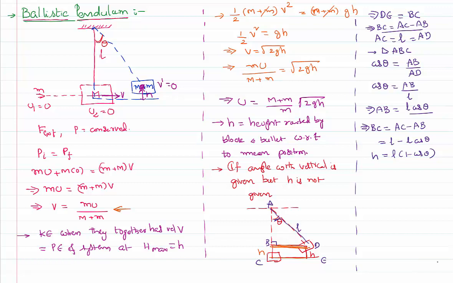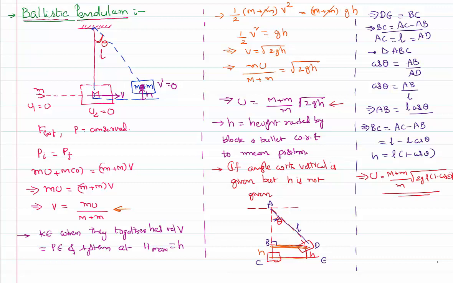So if theta and L are given for you and h is not given, in that case I can write u using this equation now: (M plus m) by m into root 2g, and instead of h, I can write L of 1 minus cos theta. Like this also we can express the velocity of the bullet and find out the velocity of the bullet.